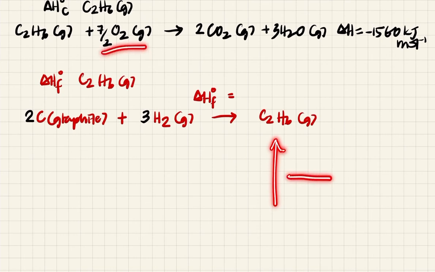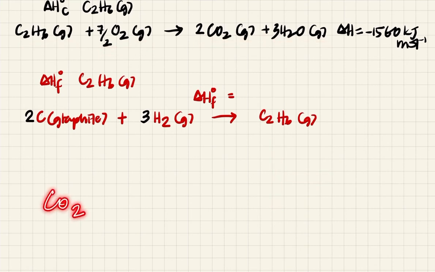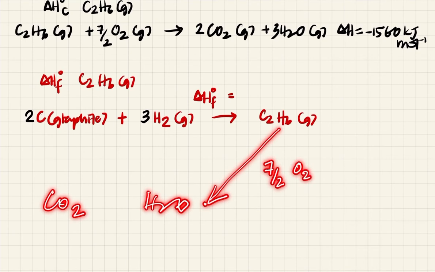So this will be here, and then it will be formed from what? We need carbon dioxide and water. So this plus this will form this and this, right? So I need to have carbon dioxide and water, and following our chemical equation, you will get 7/2 oxygen gas.